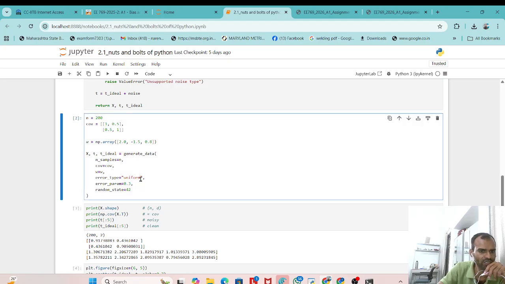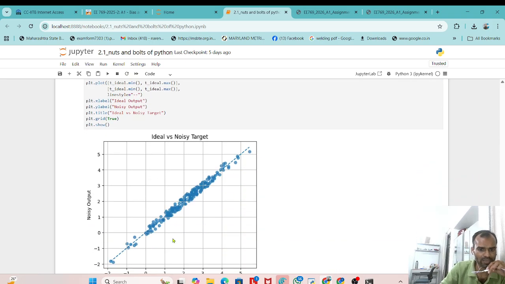If we change this to the Gaussian or Laplacian, let's change it to the Gaussian. This is the uniform one, and you can see it is sticking closely. In the Gaussian you will find that some of the residuals are far away from the predicted line.